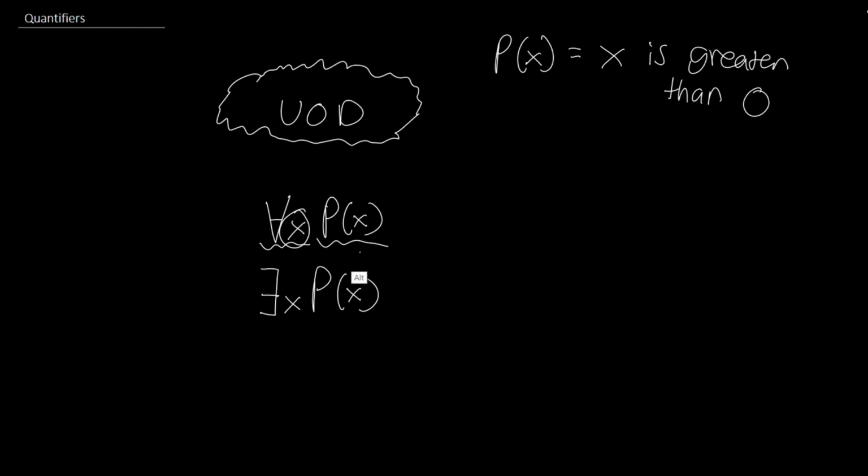Okay, so what about this guy over here? What does it mean when we attach this symbol in front of px? This means that there exists at least one mathematical object that satisfies px. So if we use the previous example, our universe of discourse, say, includes both negative and positive numbers, so -1, -2, 3, like that, then this statement would be true.